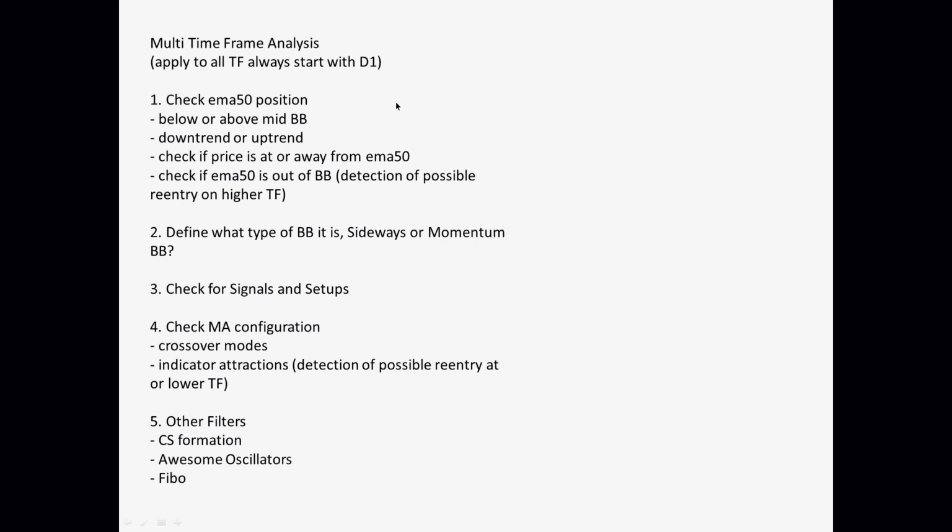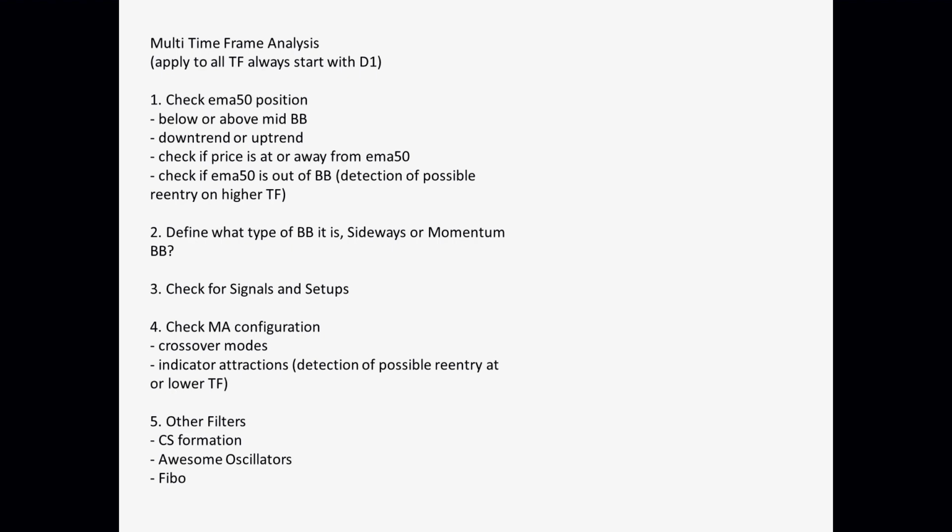Let me read the SOP for this. I use this multi-time frame analysis on all time frames, but before we go to the different time frames, I use the daily as our starting point, so we know where we should be looking after that.